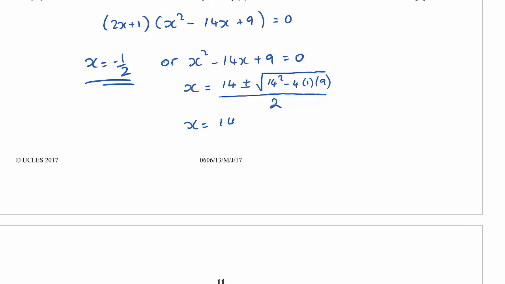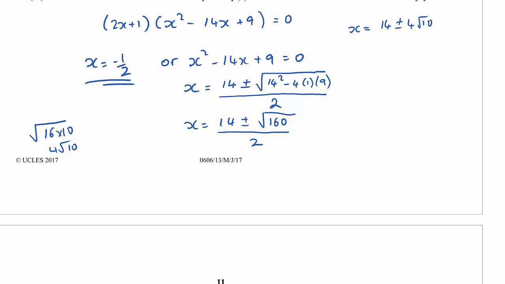So x is going to be 14 plus or minus the square root of 160 over 2. So 160 could be root 16 times 10, which would give us 4 root 10. So we'll have 14 plus or minus 4 root 10 over 2, which is 7 plus or minus 2 root 10.